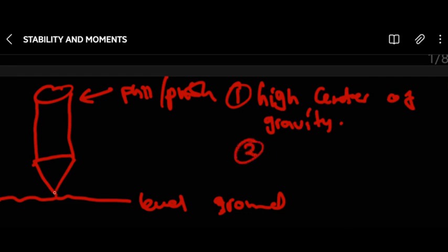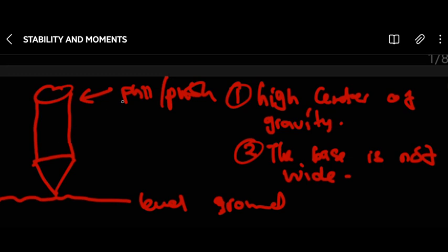As you can see, the base is not wide. So an example of unstable equilibrium is a ball pen.